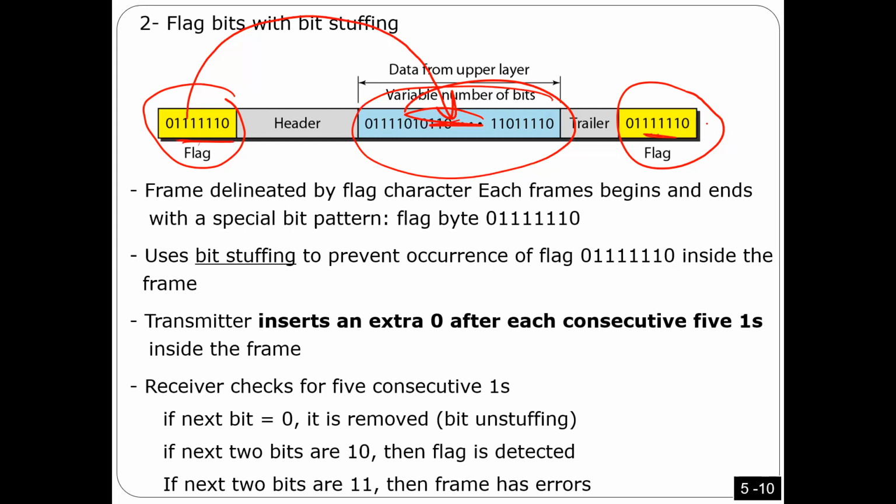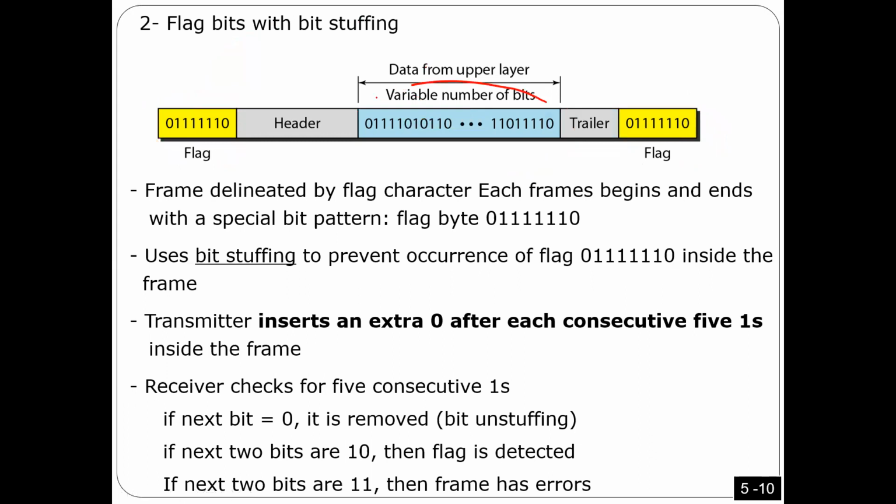The problem here is that I have no control over this data, because this data is coming to me from layer number 3, and it may happen that this data contains 0, six 1s, 0. So what is the problem if this happens?